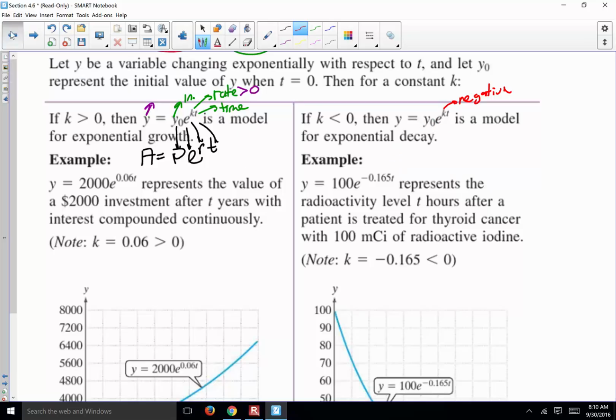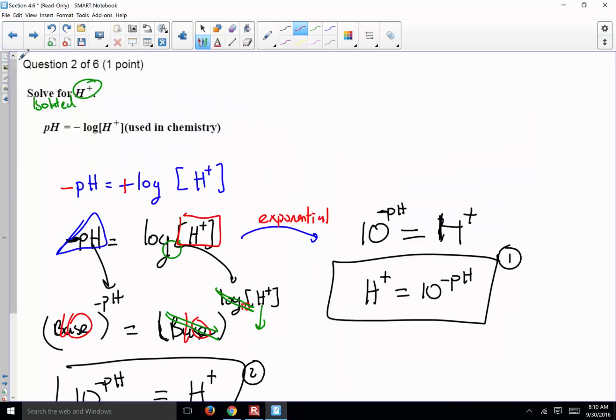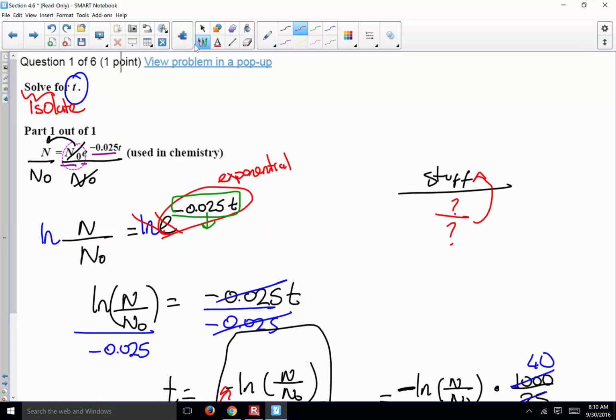The first question here was of that kind. Whatever this N is, probably N is short for what material? Nitrogen, yes. N is for nitrogen. Nitrogen levels are decreasing. Why is it decreasing?